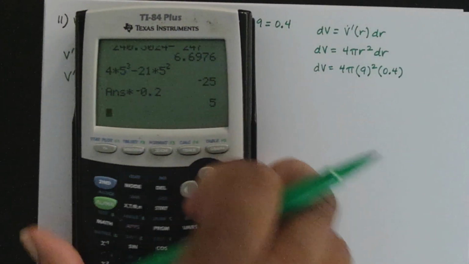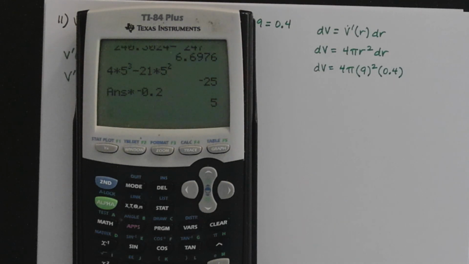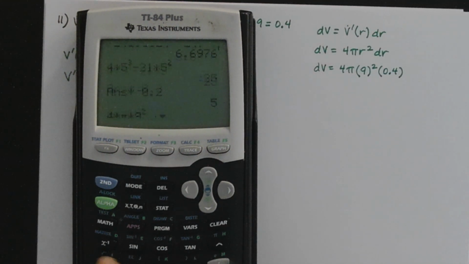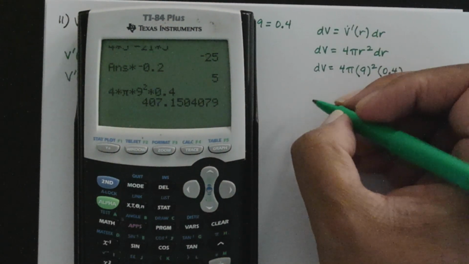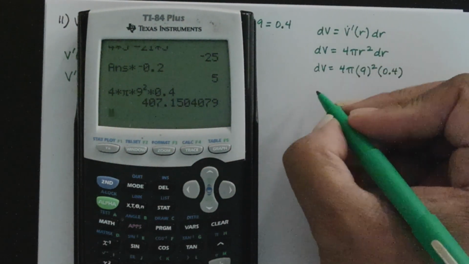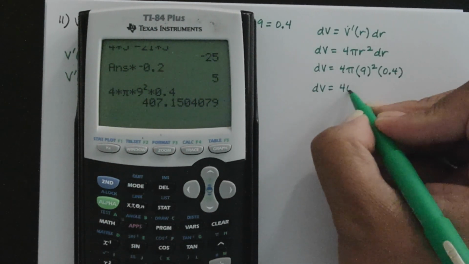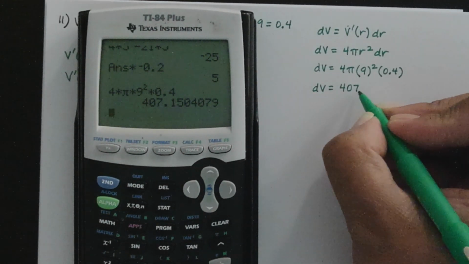And that can be typed in the calculator. 4 times, and then for the pi we do second and hat, because right above the hat key is the pi, times 9, and that's squared, times 0.4. And let's say I want this to 2 decimal places. So it'd be 407.15.